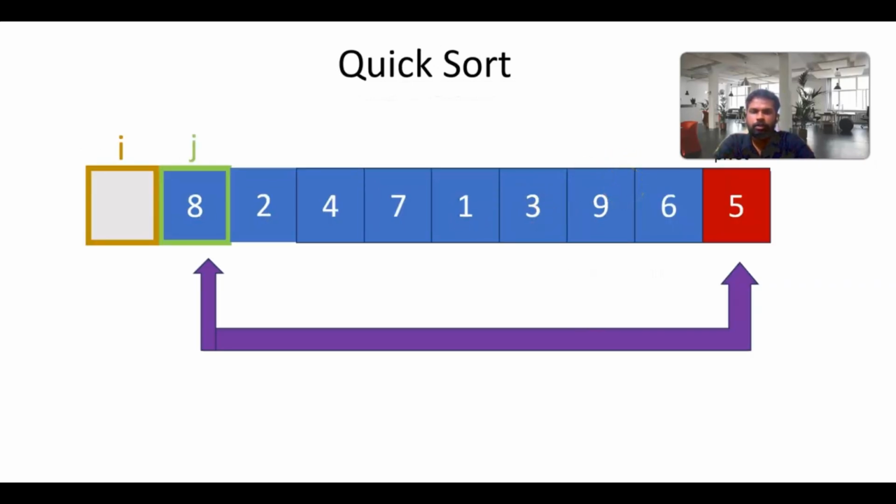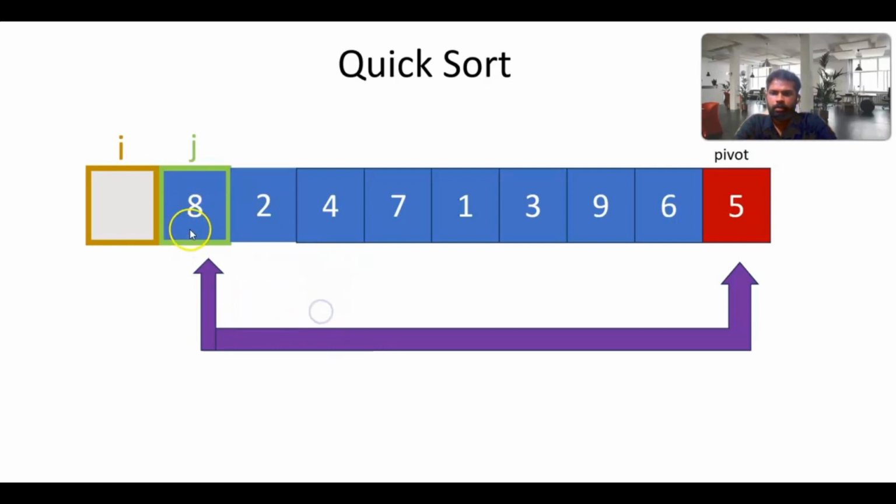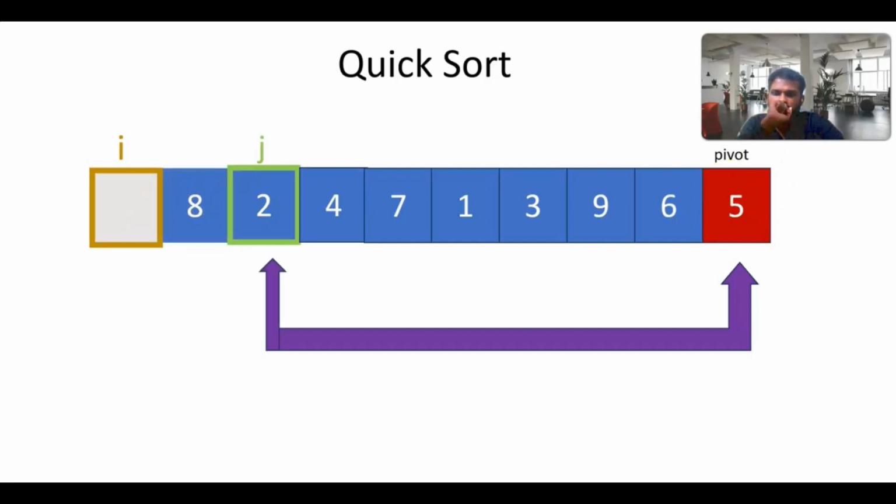So in order to sort this array in the quicksort function, we need two indices. One is i and one is j. We have to compare j's value with the pivot value. If the value of j is greater than the value of the pivot, we increment j by 1.